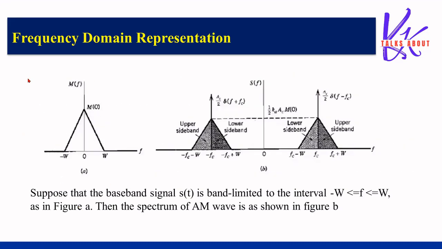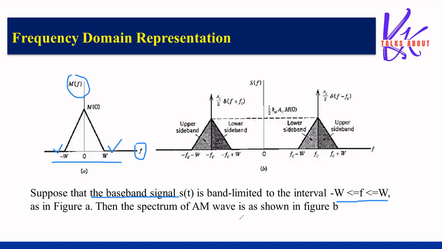Suppose we take the message signal or the baseband signal to have a band limit of minus W to plus W. Then figure 1 is the frequency domain representation of your message signal, which is M of f, and on the x-axis we are showing the frequency. So it has a band limit; we are taking the example here that minus W to plus W is the bandwidth of your message signal.